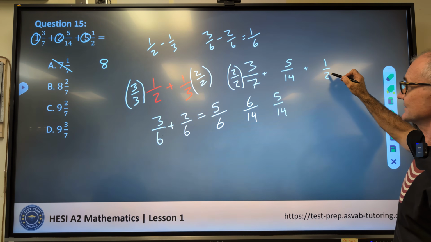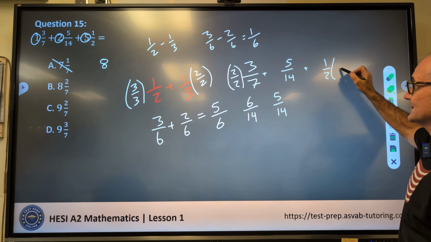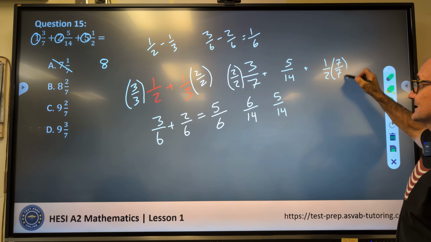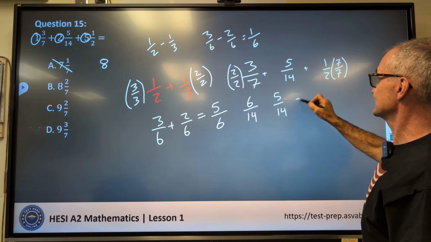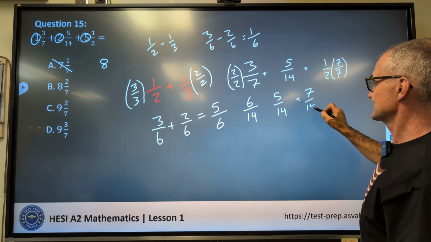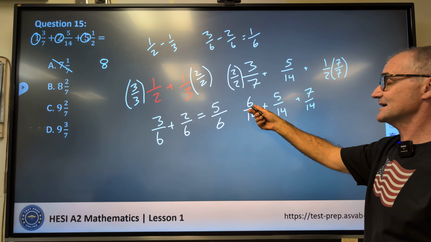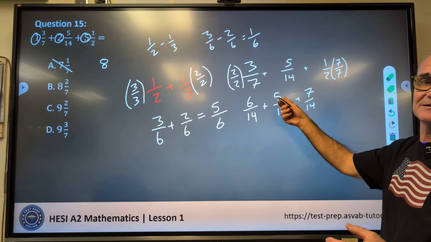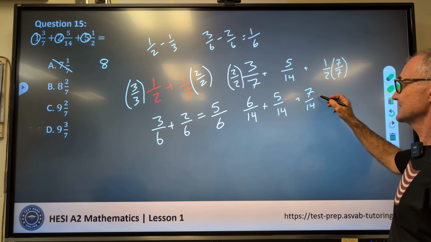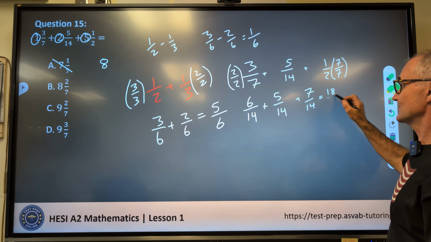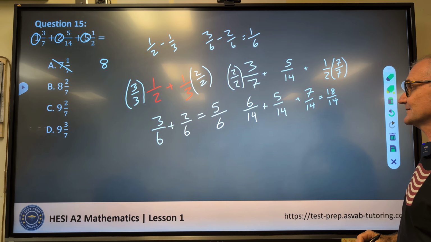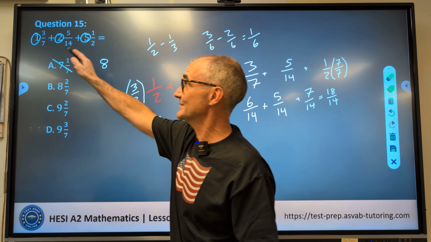And then this one, how do I get to a 14? I'll multiply it by 7. Again, it's got to be a 1, so that's a 7 over 14. Now I have common denominators there. I'm going to add across the top. 6 plus 5, 11. 11 and 7, 18 over 14. I also have that 8 from my integers.